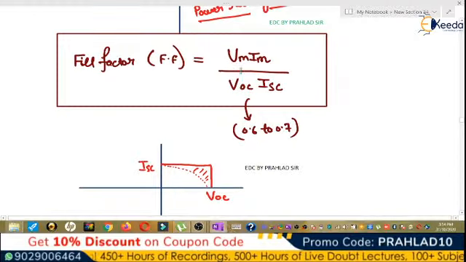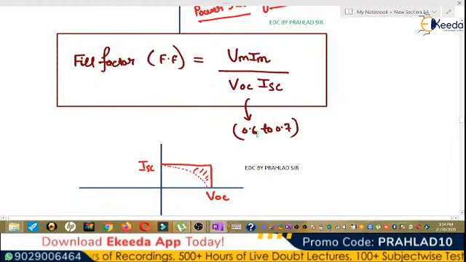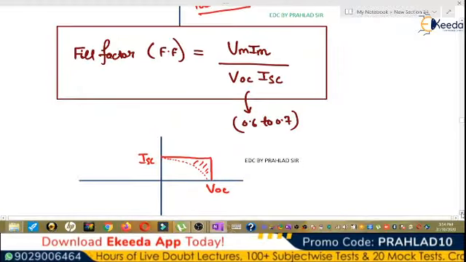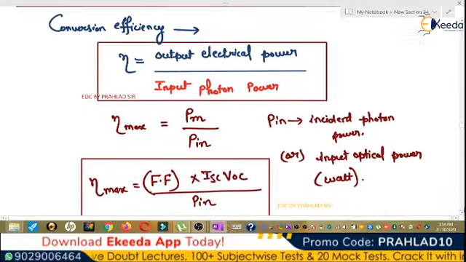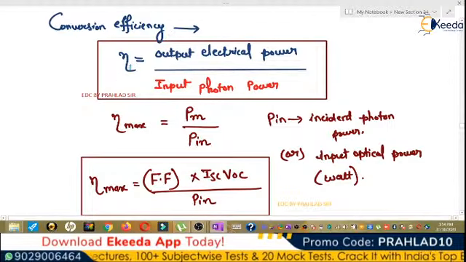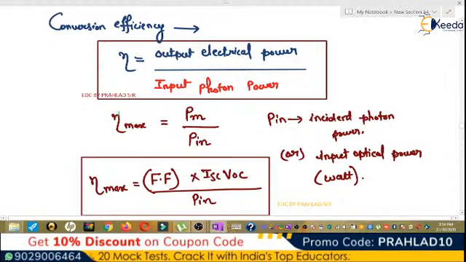Now fill factor is Vm Im over VOC into ISC, and the value is 0.6 to 0.7. This is fill factor. Conversion efficiency is defined as output electrical power divided by input photon power. Output electrical power is Pm and input photon power is Pin. So Pm can be written as fill factor into ISC into VOC, divided by Pin.